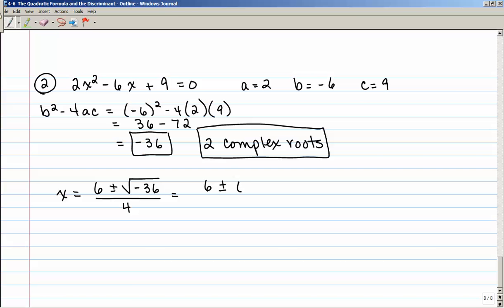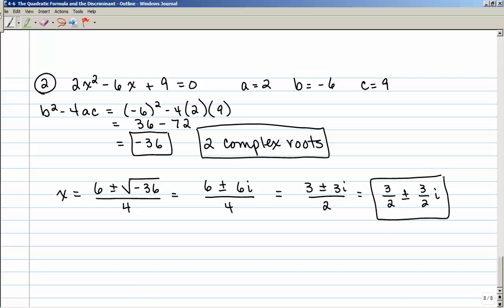Square root of 36 is 6. So that simplifies to 6i over 4. All of those can be divided by 2. So my final answer is 3 plus or minus 3i over 2. Oh, sorry, 2. Or if you want to write it as a complex number that looks more like a complex number, with the real and the imaginary parts separate, you would do it like that. 3 halves plus or minus 3 halves i.